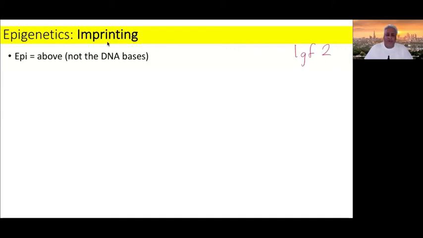I stands for insulin, and G and F stand for growth factor, right? So this is going to be insulin-dependent growth factor. As you know, insulin is very important in regulating blood sugar, but this is a growth factor. So this is a different type of protein than insulin. And this one is involved in growth.